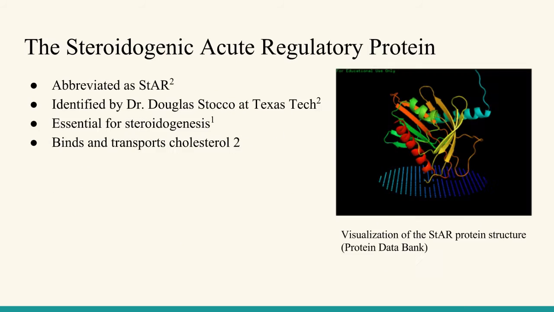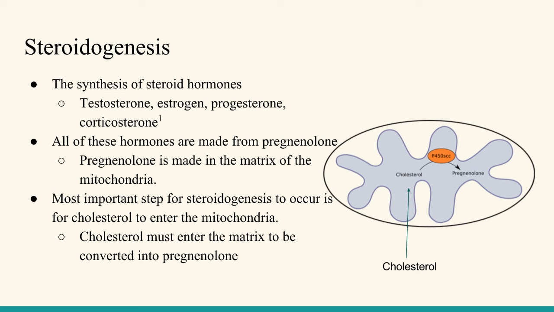Steroid hormones. Okay, hold on, I don't know the whole thing. So the main four hormones that steroidogenesis produces are essential to life. Testosterone and estrogen are made for reproduction.